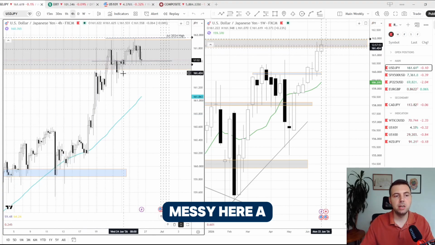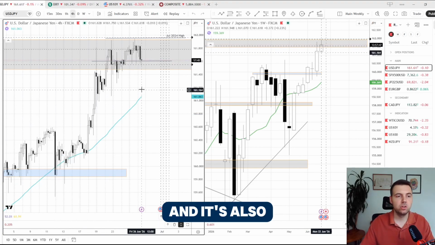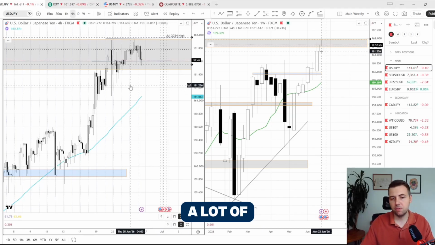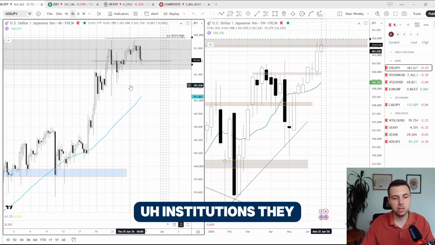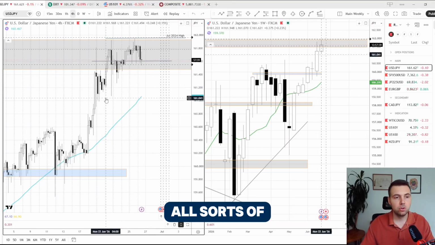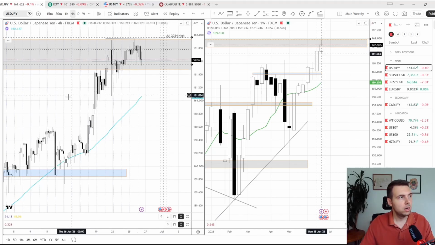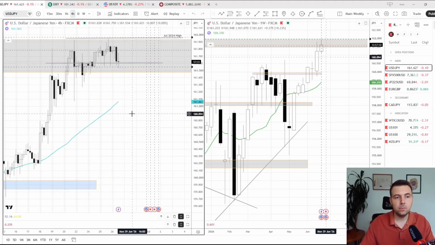It's pretty messy here, long weeks, and it's also the end of the month, so a lot of funds and institutions are rebalancing portfolios, hedging, and all sorts of random stuff going on at the end of the month. So gotta be careful.